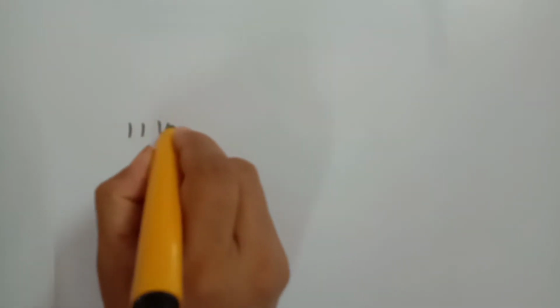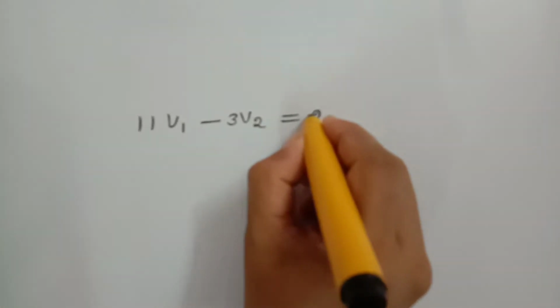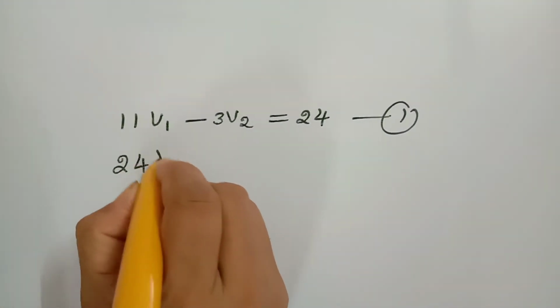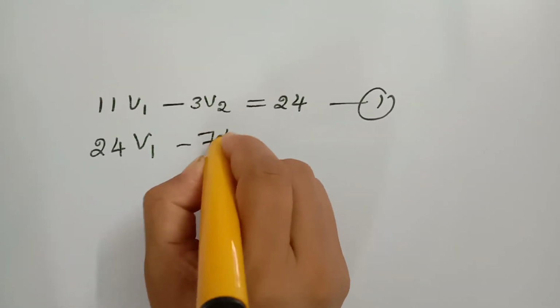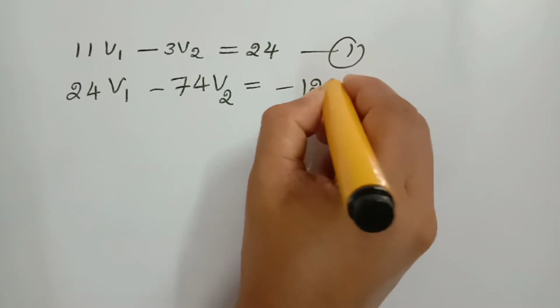The two simultaneous equations will be 11V1 minus 3V2 is equal to 24, and 24V1 minus 74V2 is equal to minus 120. We'll solve these two equations.